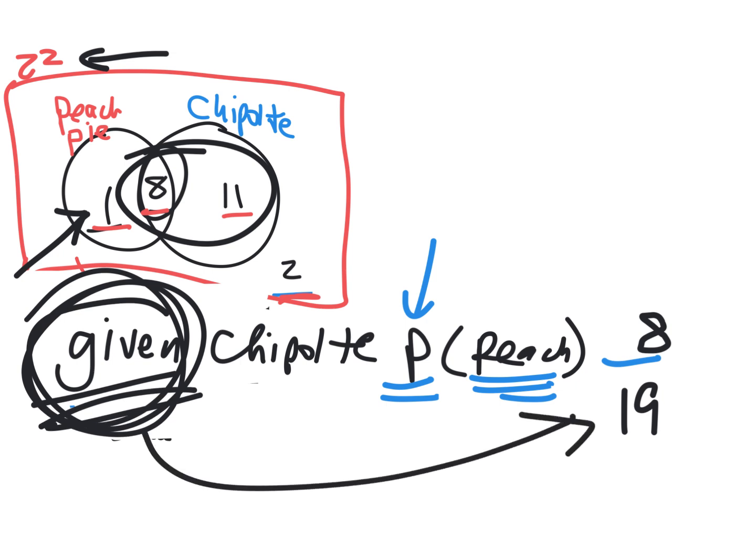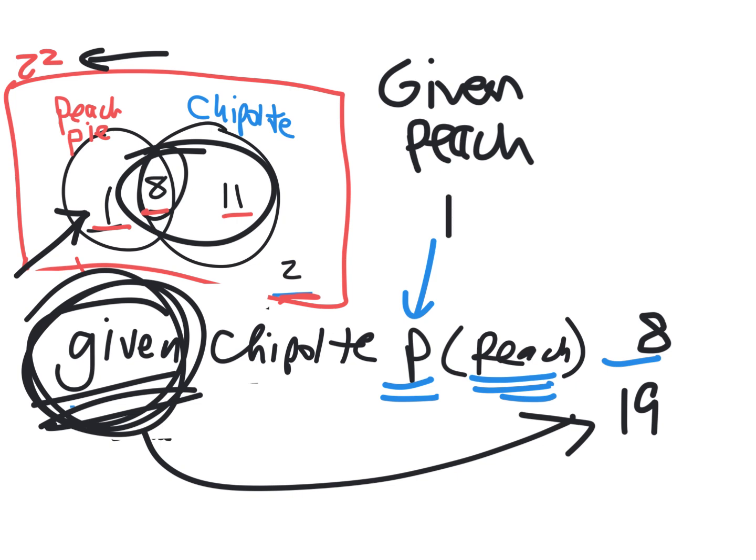All right. Off this same chart then, so you don't have to draw another one. Given, we're going to go the other way. Given peach, that means we're only going to talk to the peach people. What's the probability of Chipotle?